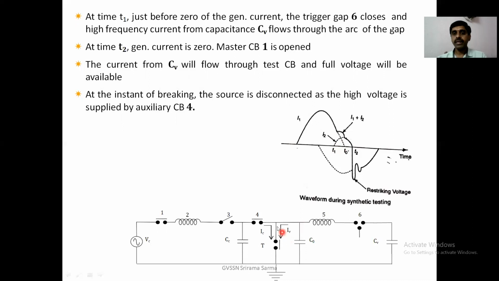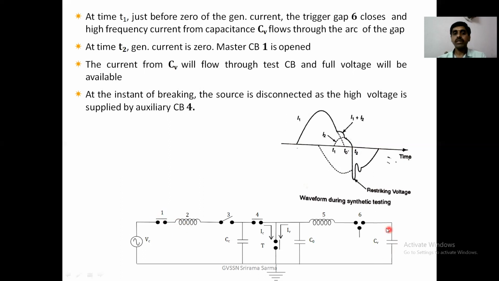the trigger gap 6 closes, and high frequency current from the capacitance CV, which is charged to √2 V, flows through the arc of the gap. At time T2, the generator current is 0. Master circuit breaker CB1 is open.